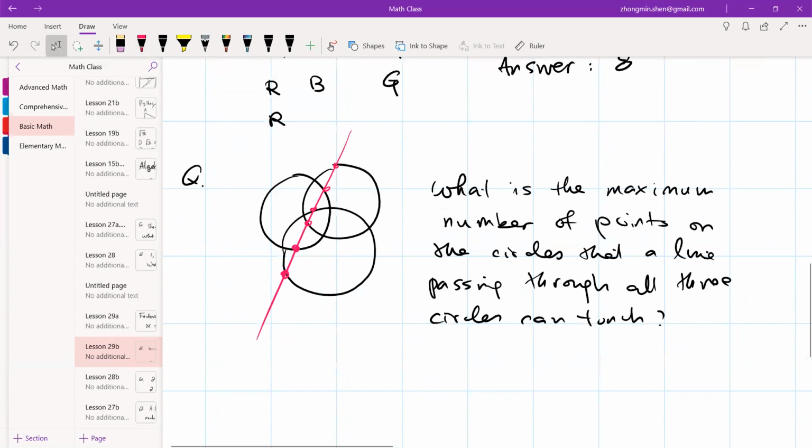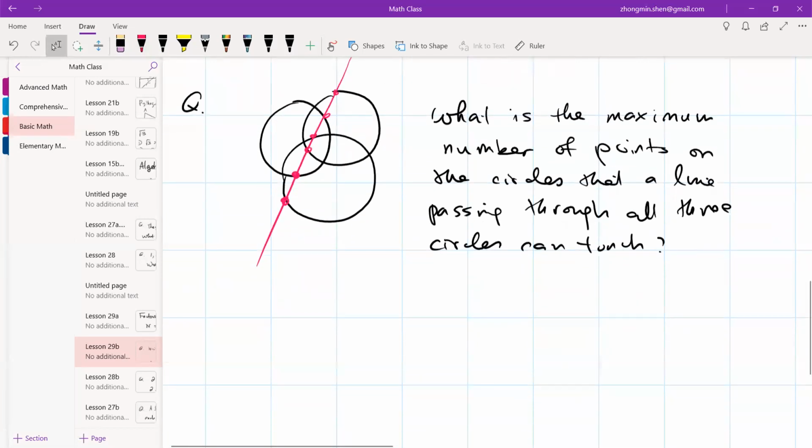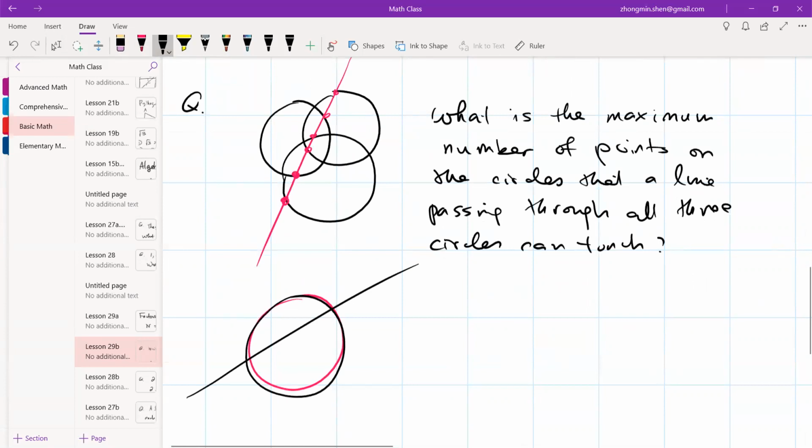Why can you not get 7? How do you prove that? It's easy to see. The reason is, if you have a single circle, a line passing through this circle can only have 2 intersection points.